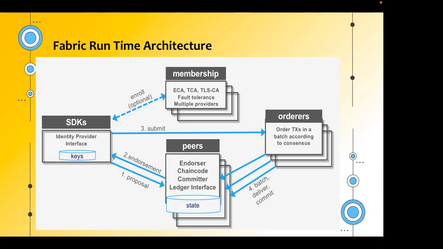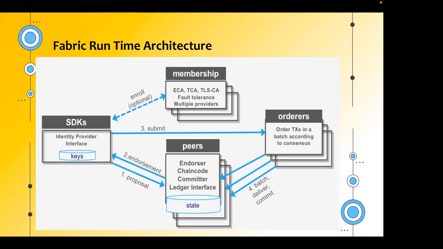The components are very clear. SDKs, we know what kind of SDKs we have. Membership, from where your certificates will come. Orderers, who are going to create your block, and peers who are going to host your ledger, and the chaincode, right?